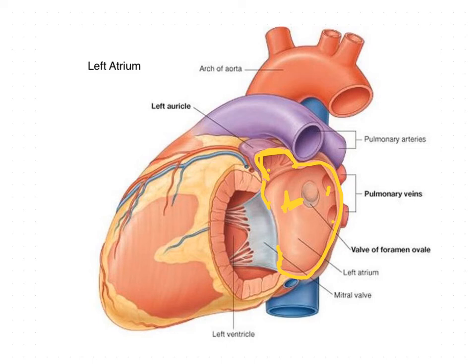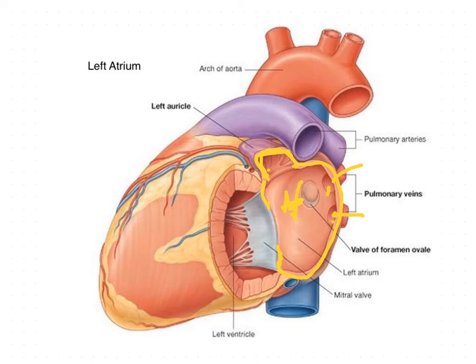Two pulmonary veins open into the atrium on each side of the posterior wall.